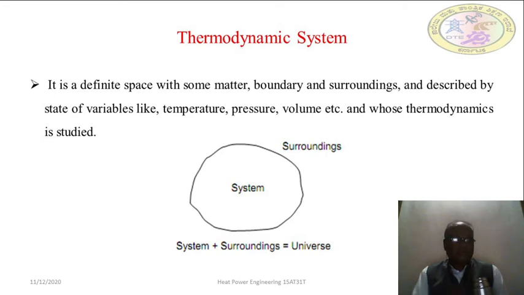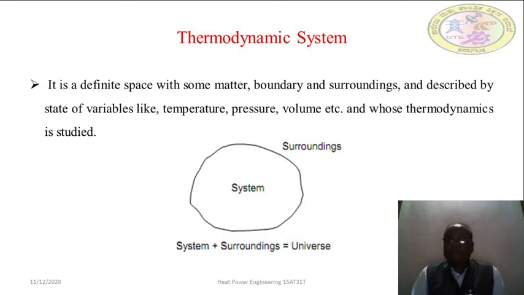The hotness of that water describes the state of the system. If I fill cold water into this definite space, that coldness defines the state of the system. This is how temperature describes the thermodynamic system.